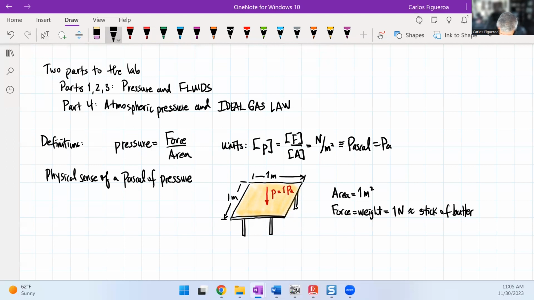So that's not very much pressure. So 1 Pascal of pressure is extremely tiny.